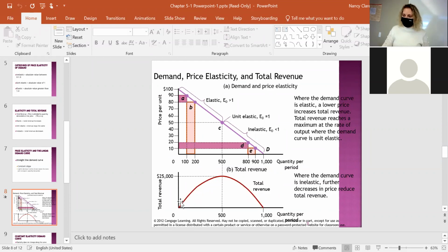And we saw that initially in that elastic phase, we saw an increase in revenue up to a point, that point where we hit unit elastic, perfectly unit elastic, and then revenue began to go down again as we began to experience inelasticity, right? And so just understanding the relationship between revenue and elasticity.